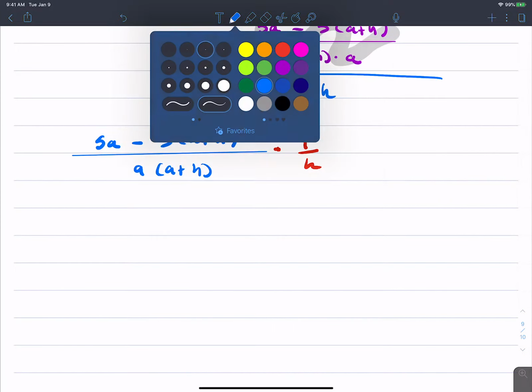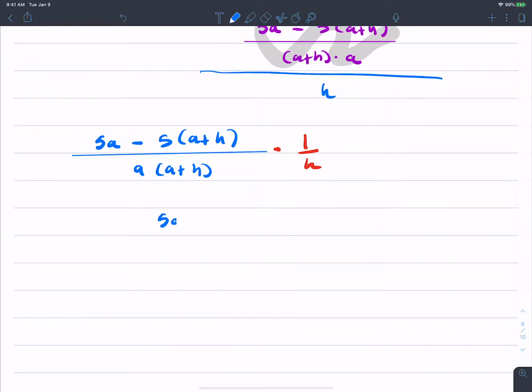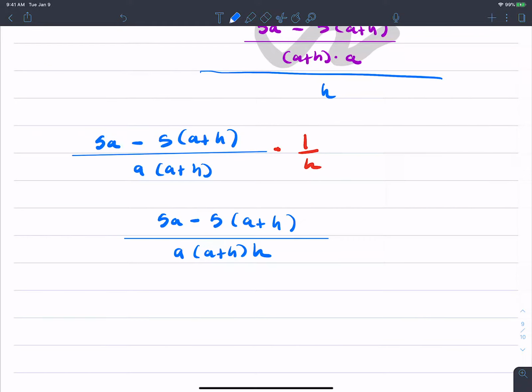Just in case, you guys want to make sure you do this. So this is 5a minus 5 times a plus h, and put the h there.